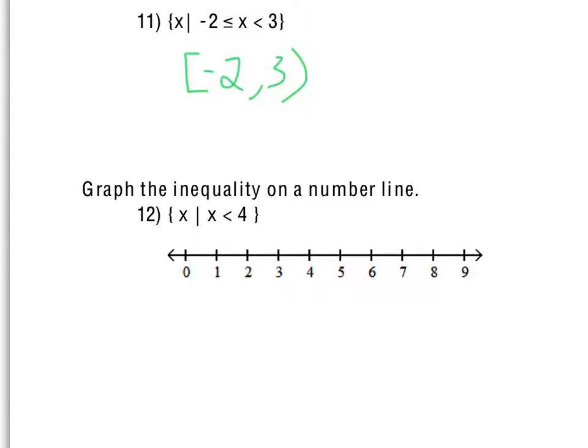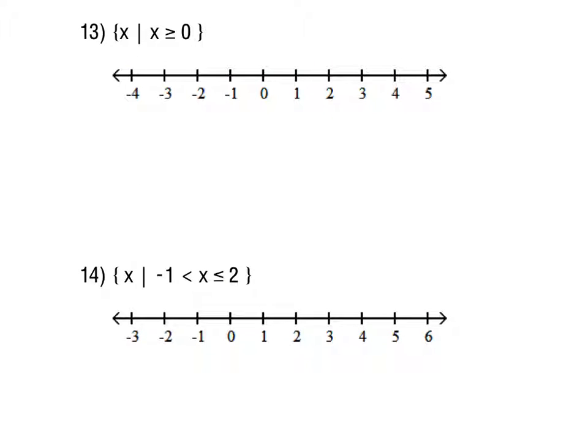And then number 12, graphing this on a number line. Again, remember we are using parentheses and brackets rather than open and closed circles. So looking at that, all we really need to do is put a parenthesis at 4 and show that that's going to the left. We're doing the same kind of thing for 13, just graphing that.